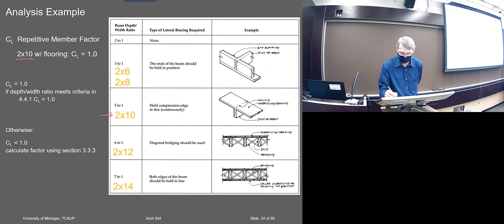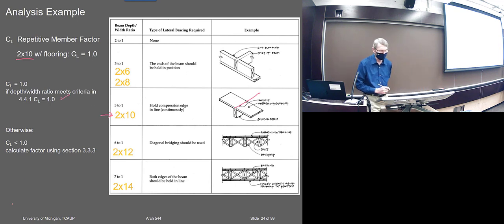I just have to make sure it's got sufficient nailing in it. So assuming that I do put adequate nailing on, and it's got a plywood or OSB decking on it, panel on it, then I can meet that. So I'll take 1.0 for CL in this case.